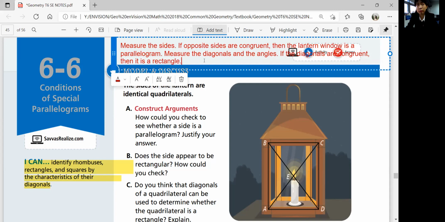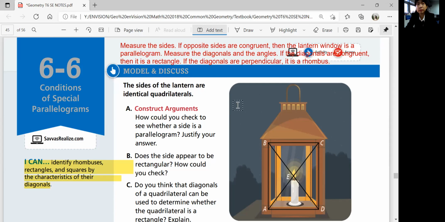What else do you know? If the diagonals are perpendicular, it is a rhombus. It's obviously not a rhombus here. Okay, so this is part A.